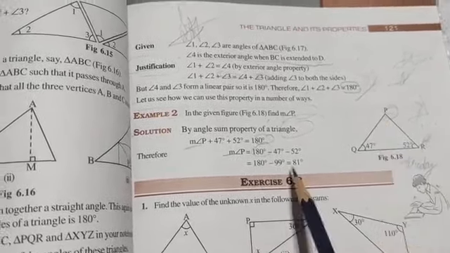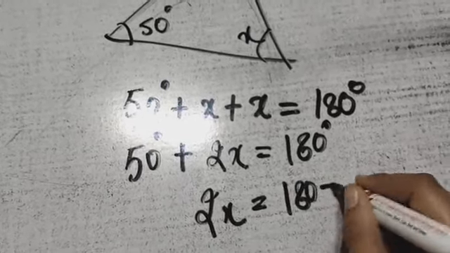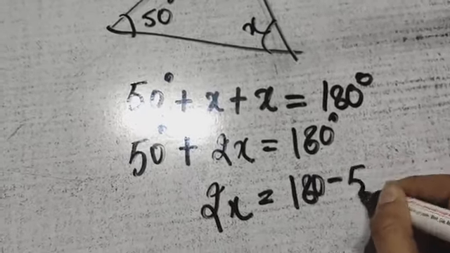So 50 degrees plus x plus x, all three angles added, is equal to 180 degrees. Whenever we add two variables, that is 2x. So 50 plus 2x is equal to 180 degrees. 50 will be subtracted from 180. 2x is equal to 180 minus 50.